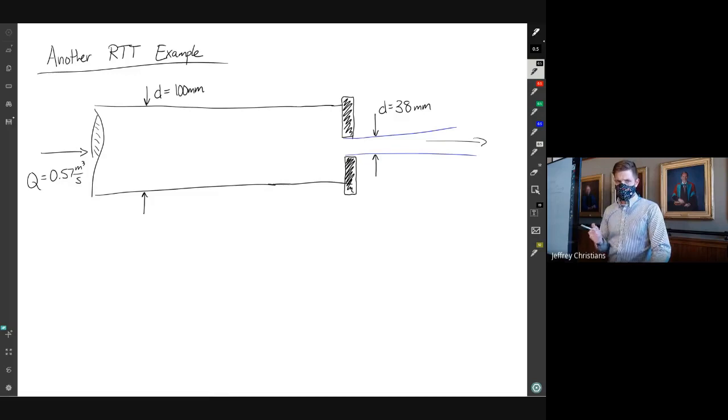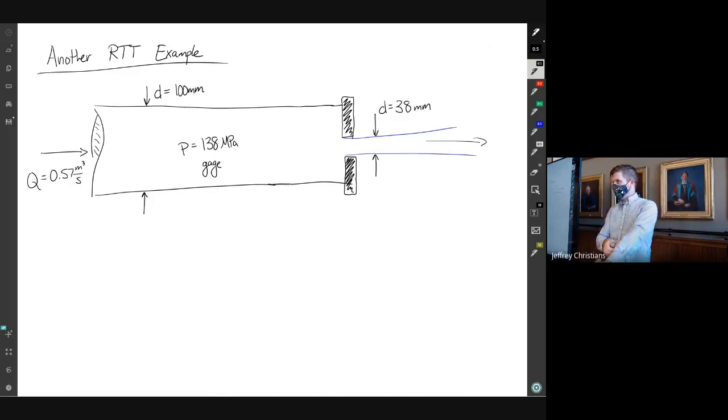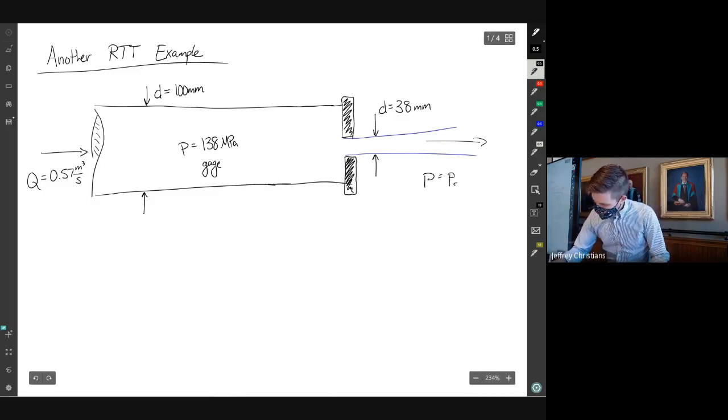And then the last things that we know are about the pressure. So we know that the pressure here, P equals 138 megapascal gauge, which is a high pressure, very high pressure. And we know that this is shooting out from this pipe into the atmosphere. So the pressure over here, P equals P atmosphere.